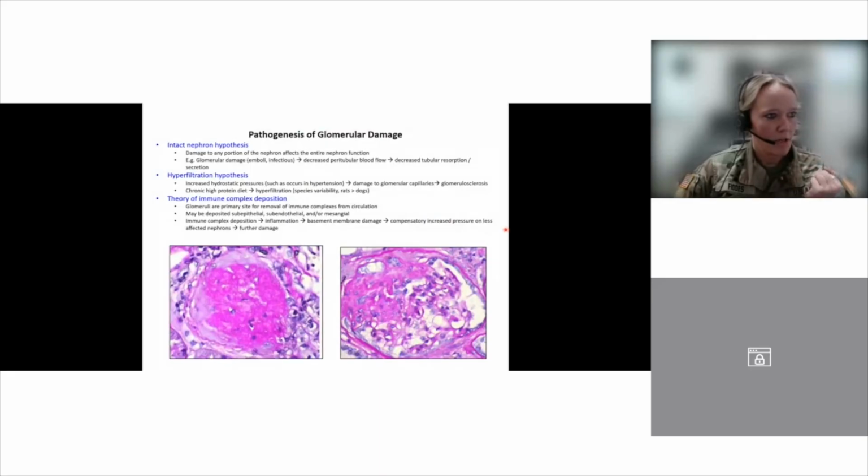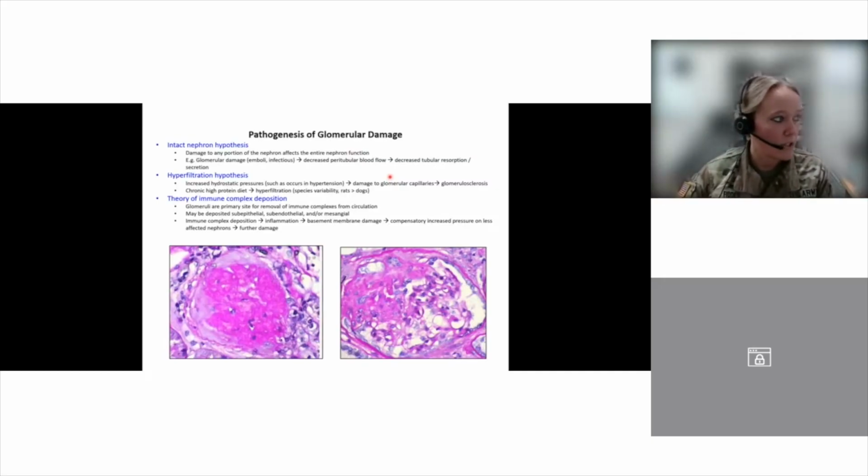All right, so changing it up a little from my integument lecture, I did try to include a little bit more of response to injury and damage of the different parts of the tissue. So within the glomerulus, response to damage, there are a few different pathogeneses for how the glomeruli are damaged.